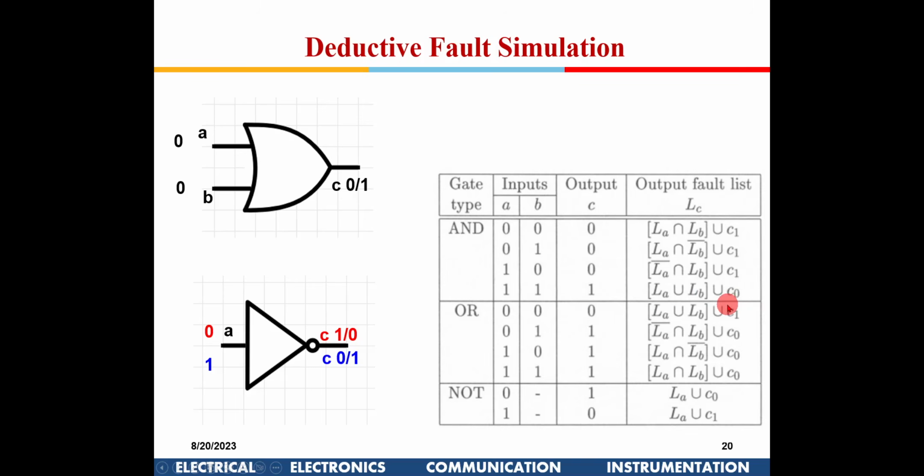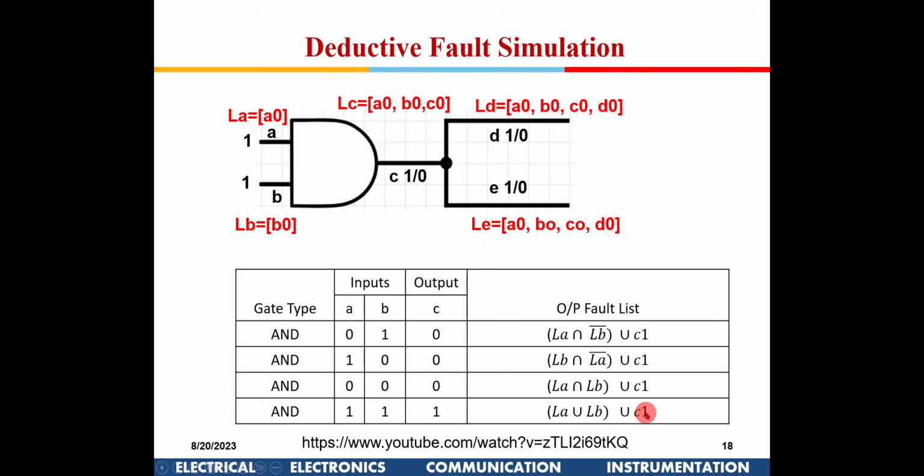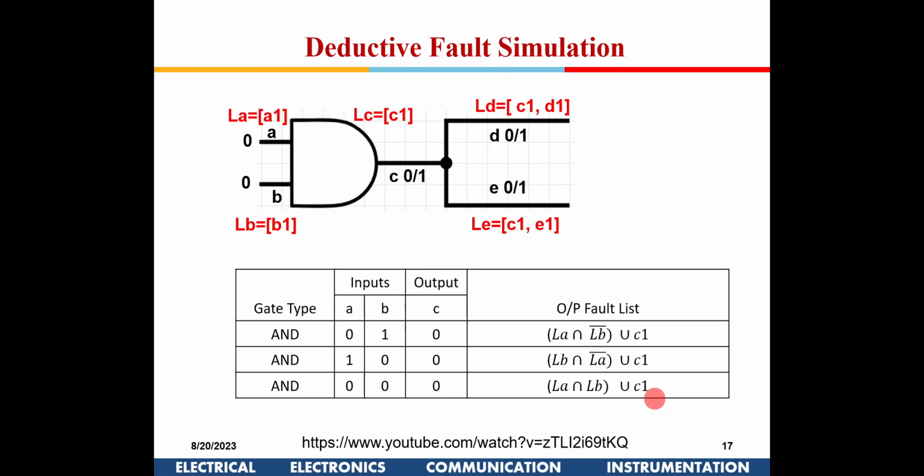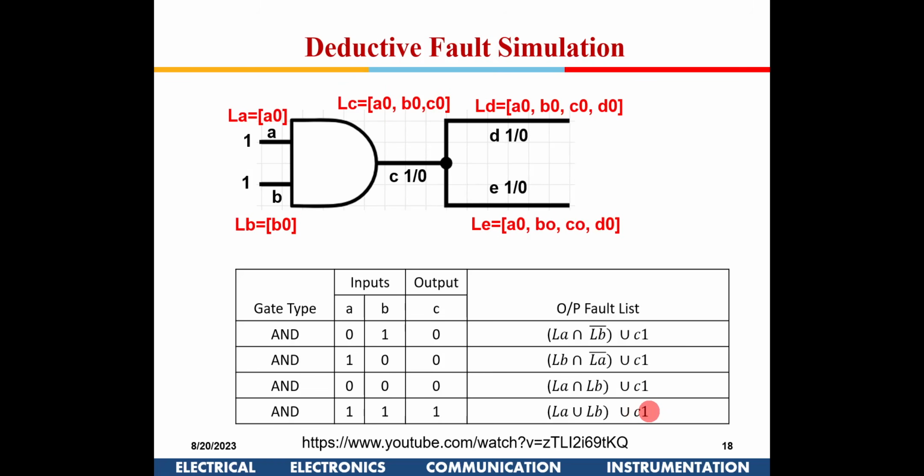For 1, 1, C is 0. So there is an error out here. I'll correct that subsequently. This is C0, union C0. This has to be C0, because if it is 1, 1, either C stuck at 0 can be detected. So this has to be C0 actually. So I'll change that before I upload it.